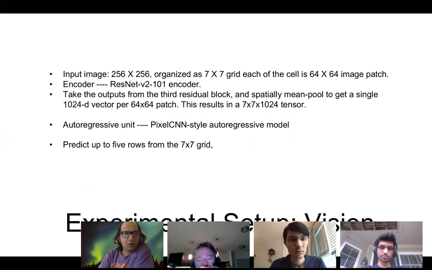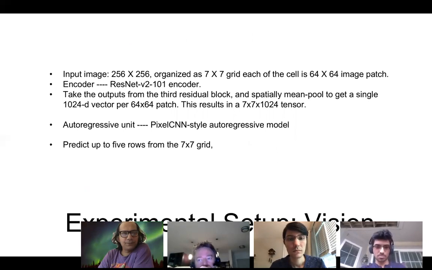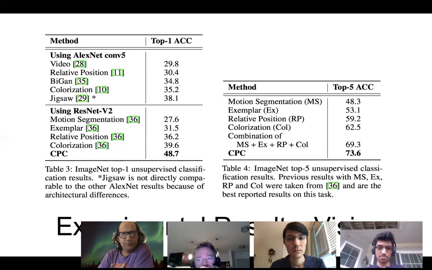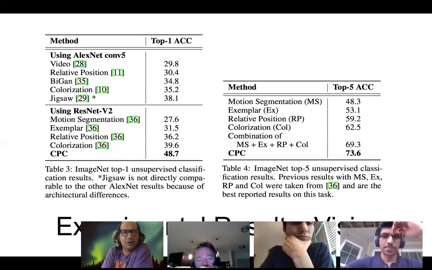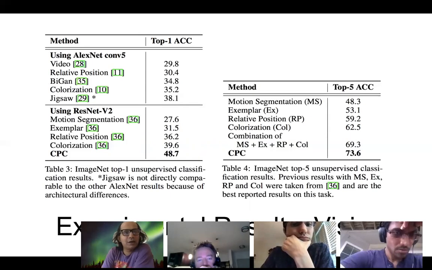And for the autoregressive unit, they didn't use a GRU RNN here. Instead, they use a PixelCNN style autoregressive model. They tried to show top 1 accuracy and top 5 accuracy on ImageNet datasets, and compare with other state-of-the-art approaches.